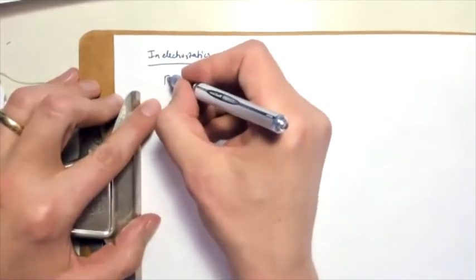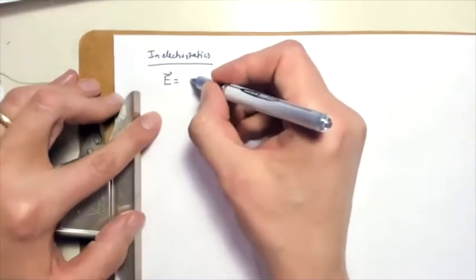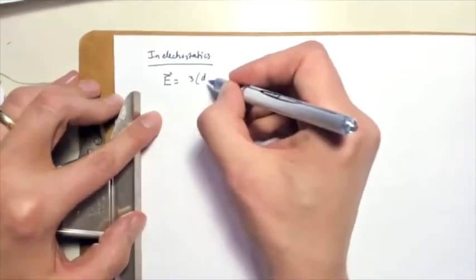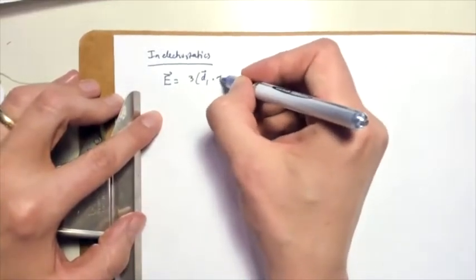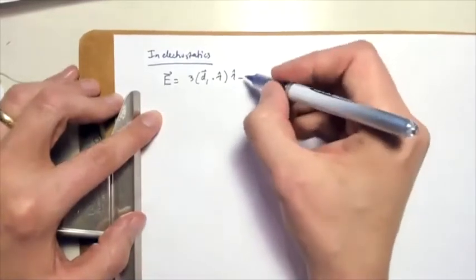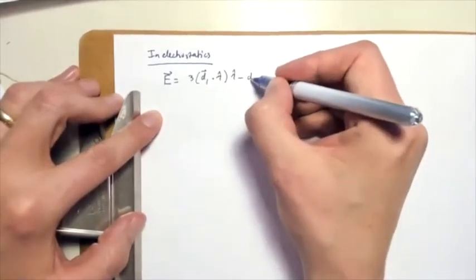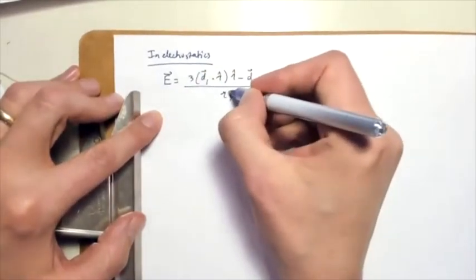Then the E field due to a dipole is 3 D, some dipole dotted with R hat, and then R hat minus this D, same D, over R cubed.